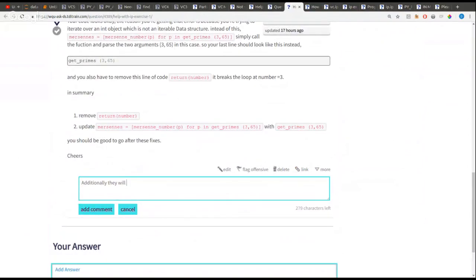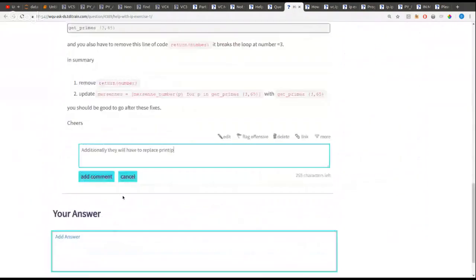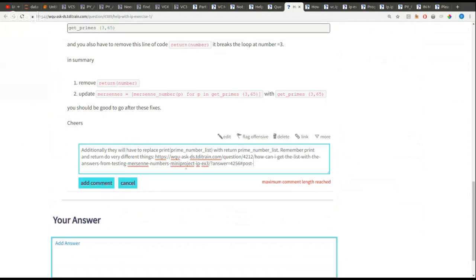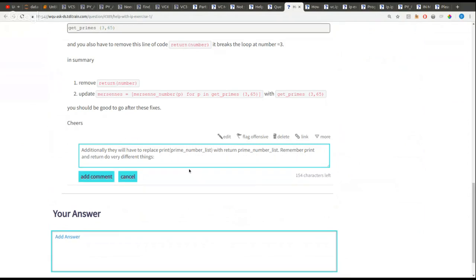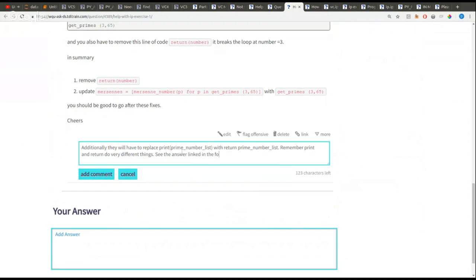Additionally, they will have to replace print prime number list with return prime number list. Remember, print and return do very different things. See the answer linked in the following comment for more about print versus return.